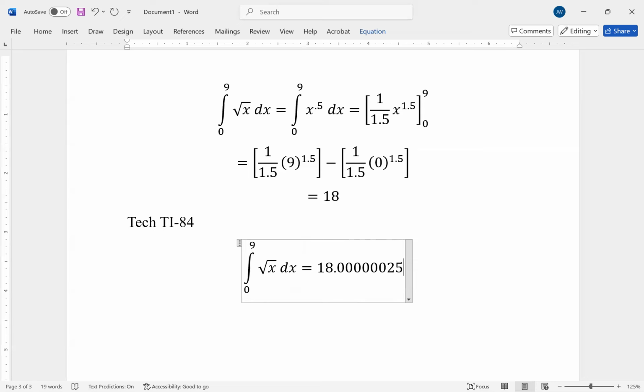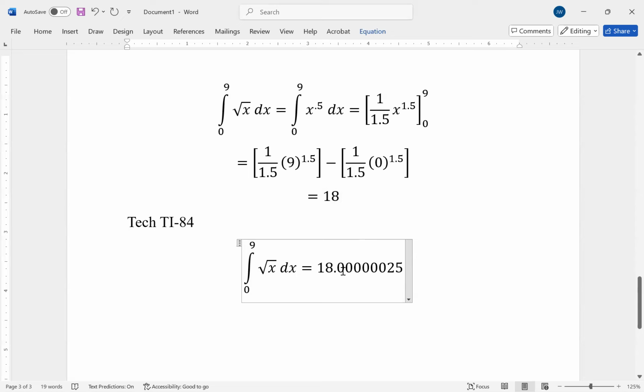My calculator gave me 18.0000, lots of zeros, 25. Now, rounded to 2 decimal places, these two numbers are the same. But you can see that for some weird reason, the technology gave me a little bit extra above the 18.